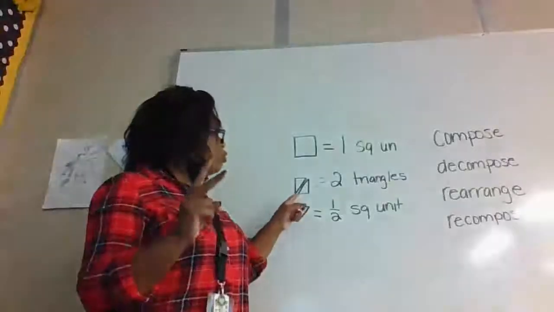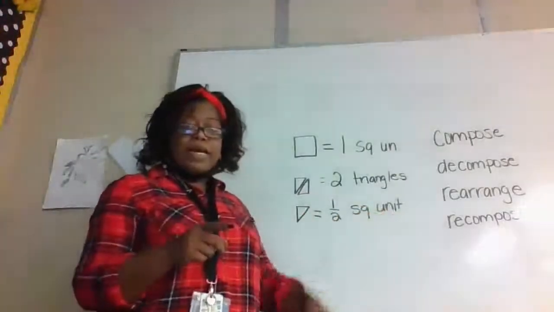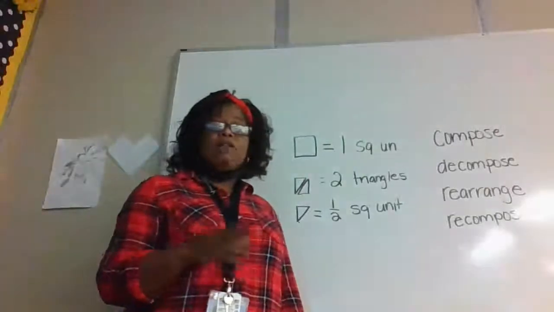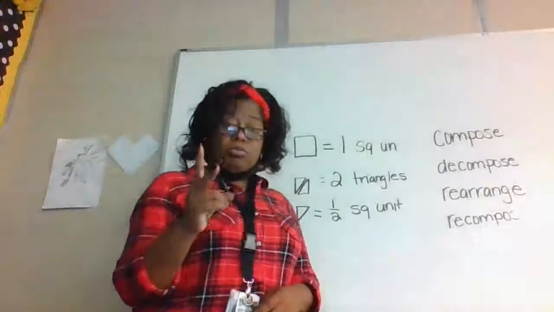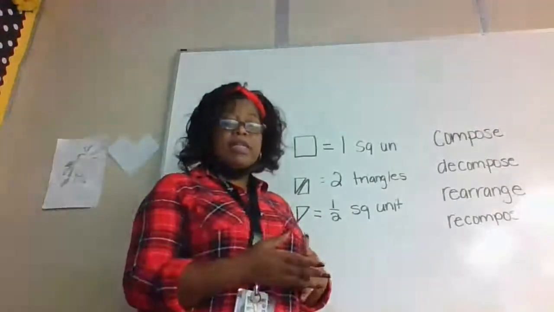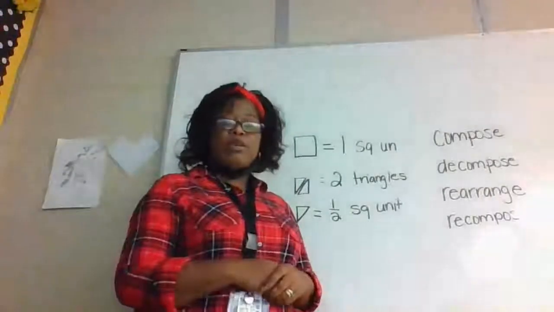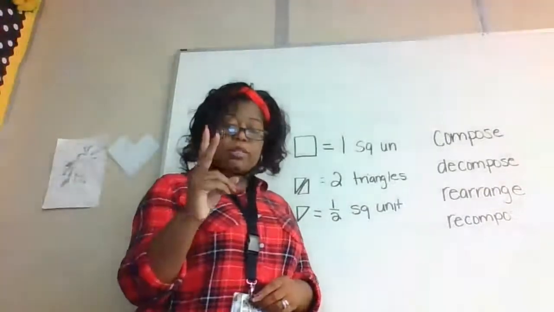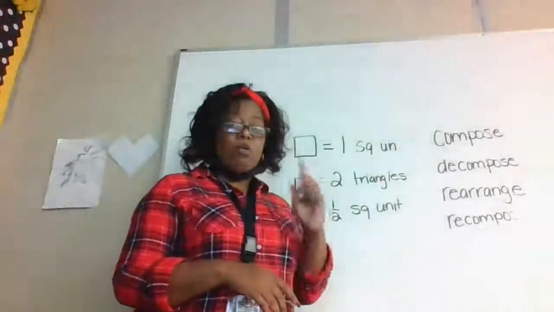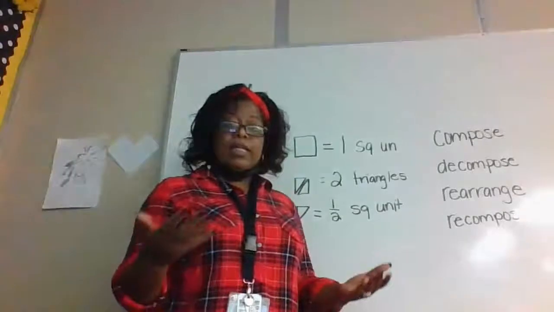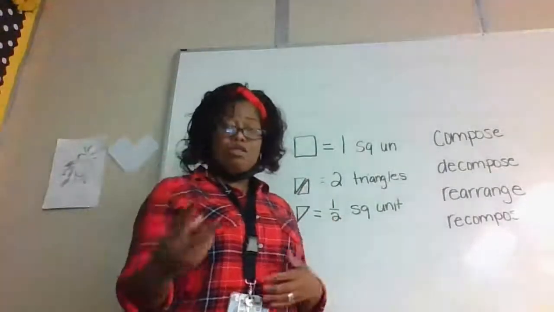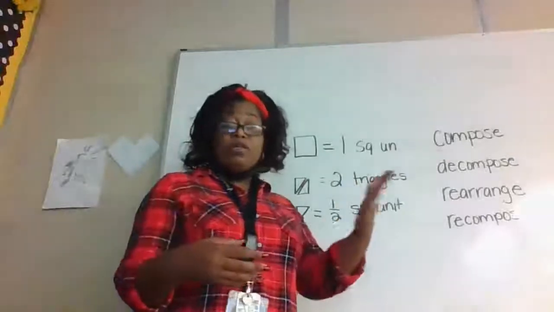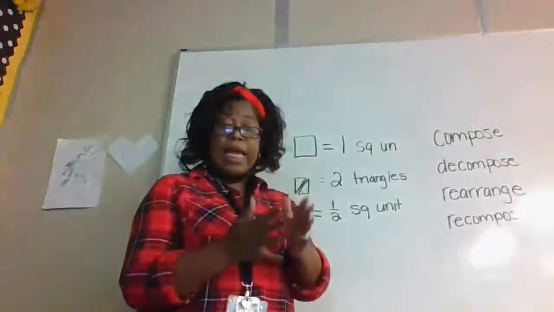Two triangles is equivalent to one square unit, because all I did was take the square unit and cut it in half and make two triangles. So still one square unit, just in half.